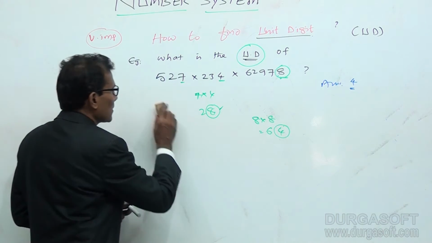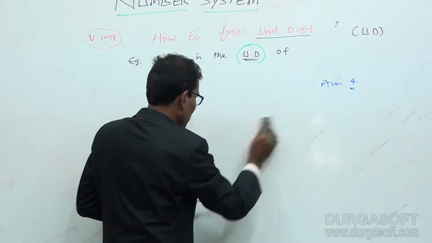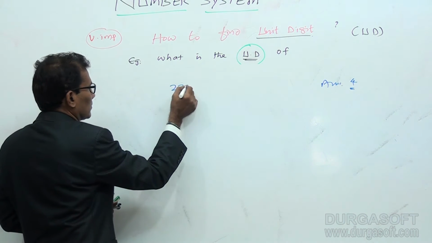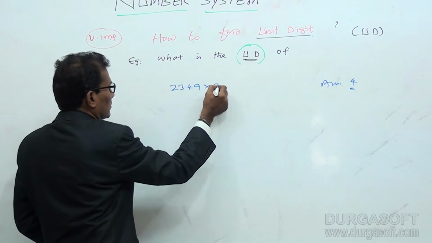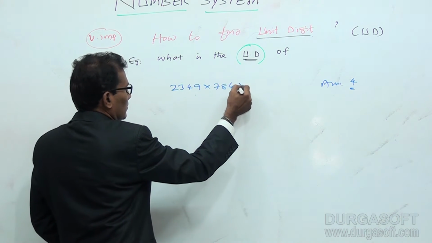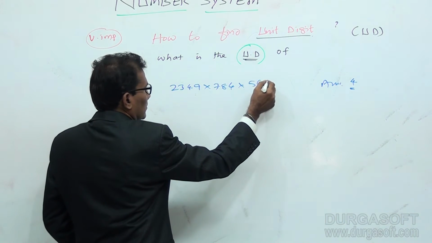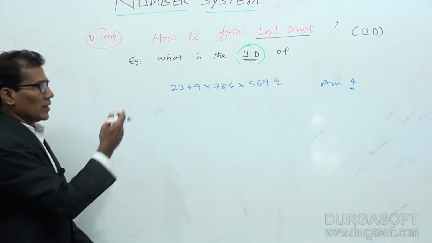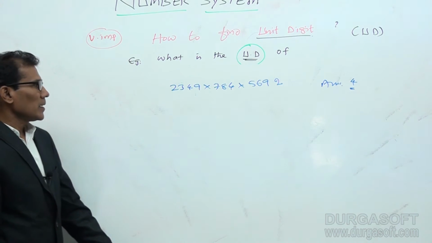Let us take another example. What is the unit digit of this product?